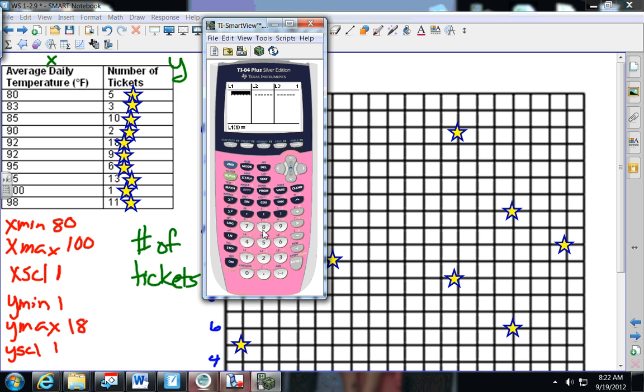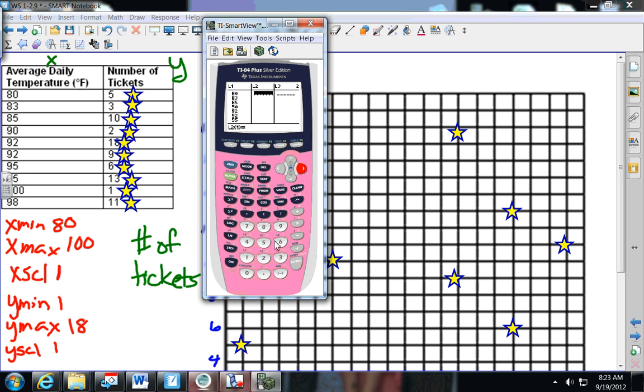Now you have 80, enter, 83, enter, 85, enter, 90, enter, 92, enter, 92, enter, 95, enter, 95, enter, 100, and 98.